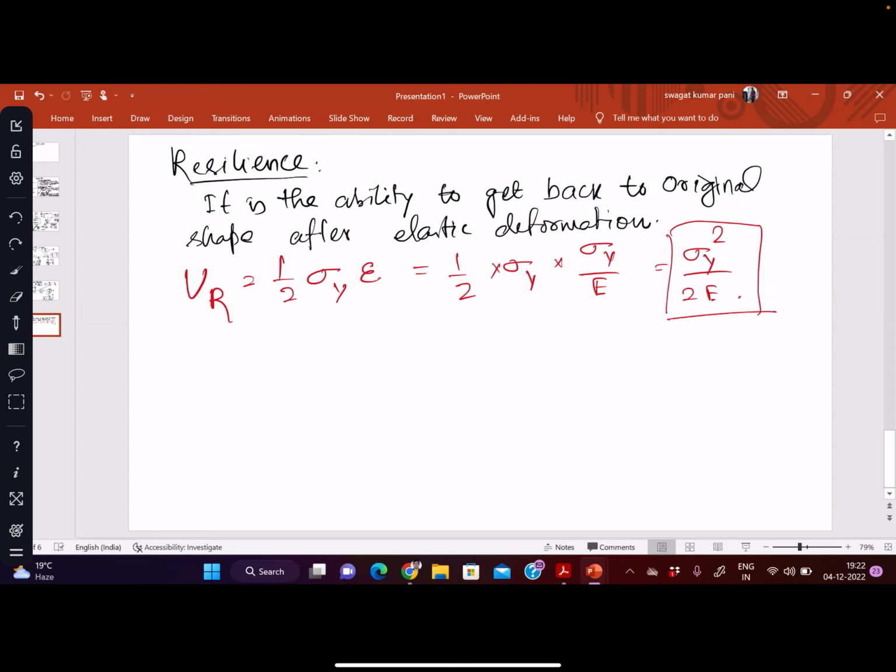It is half into true yield stress into true strain at the yield point. We know stress and strain are linearly connected, so we can replace strain by sigma y by E. Then we get this relation.